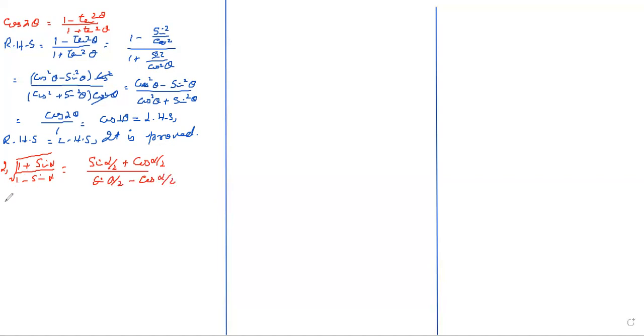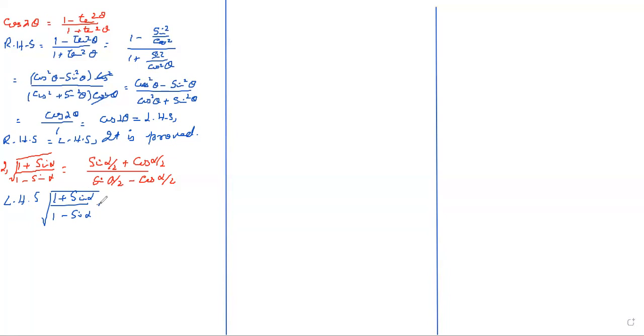Right, so taking left hand side, it is the square root of 1 plus sine alpha divided by 1 minus sine alpha. Okay, just doing sine alpha is equal to 2 sine alpha by 2 cosine alpha by 2.